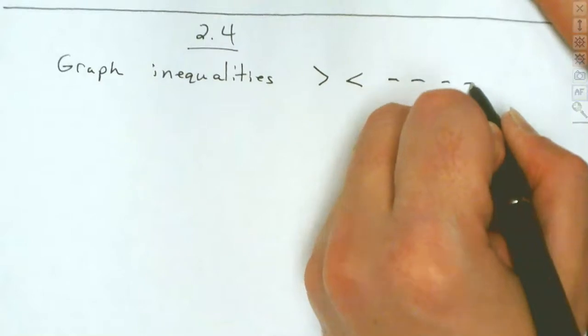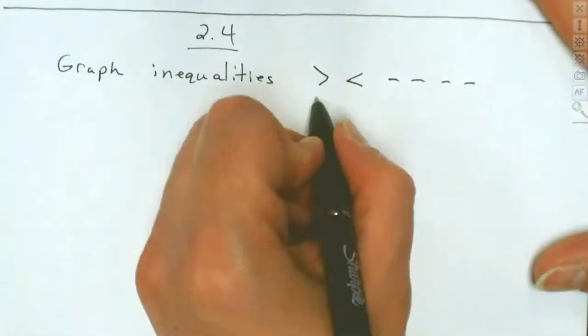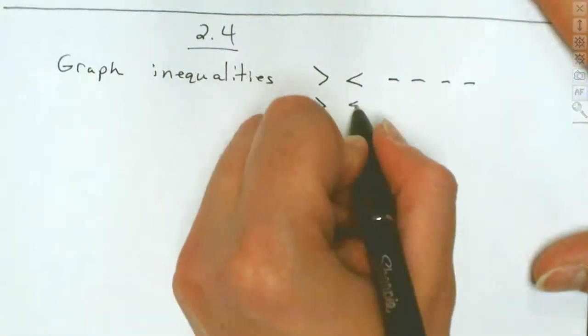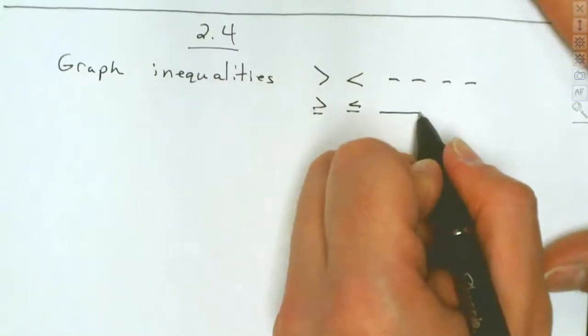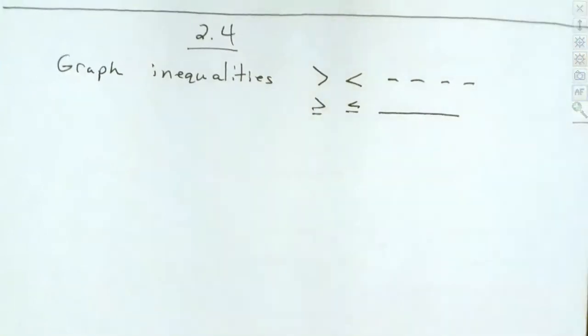Those get a dotted line. Greater than or equal to, less than or equal to, those are going to have a solid line. So we're going to be graphing these inequalities, and they're either going to have a solid line or they're going to have a dotted line, one or the other.